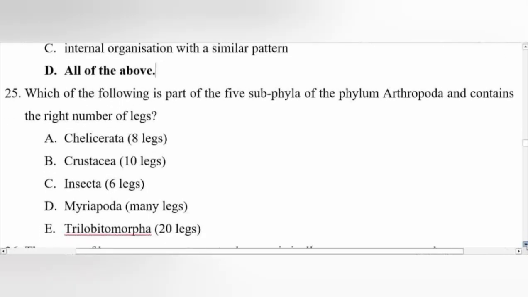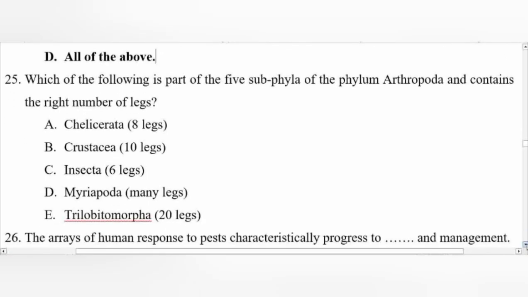Now, question number 25. Which of the following is part of the 5 subphyla of the phylum Arthropoda and contains the right number of legs? Okay, so the Chelicerata. In actual fact, there are 5 subphyla of the phylum Arthropoda that we know. Yes, the Chelicerata is part, and the 8 legs, yes.